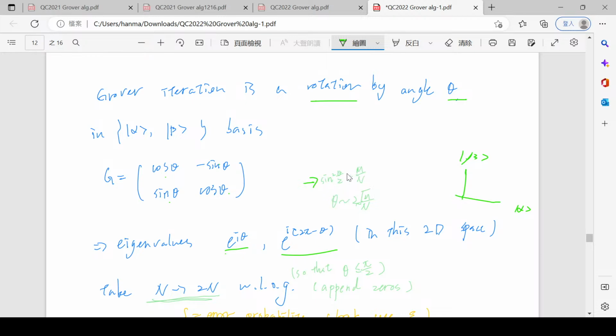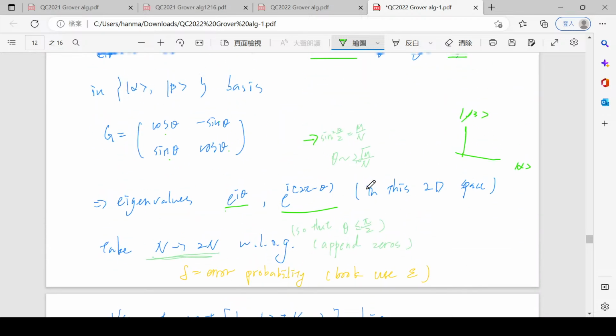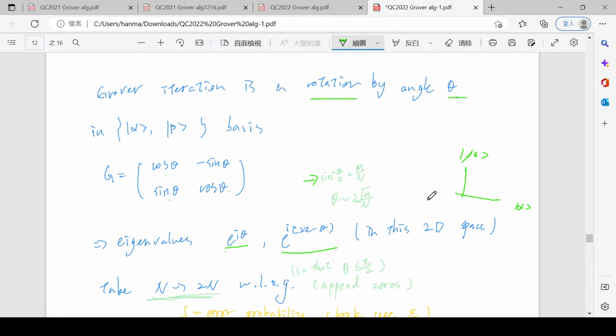You can do this: sin squared of theta over 2, times N, equals your M. Yeah. And anyway, if you think about M being much smaller than N, then theta is about square root of M over N times 2.